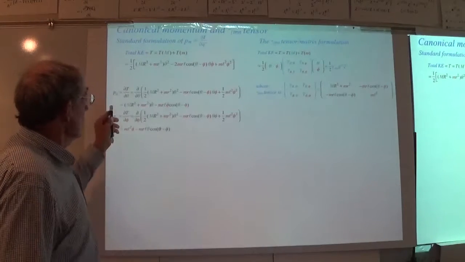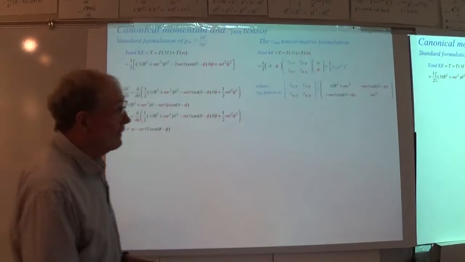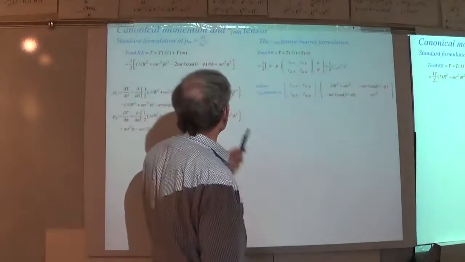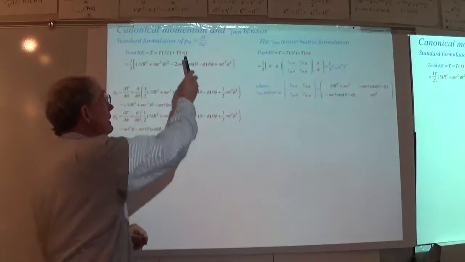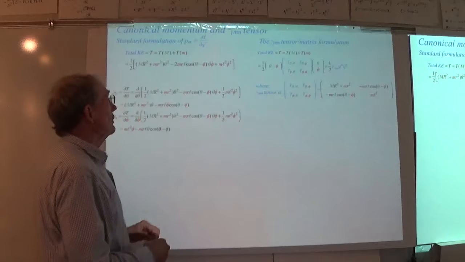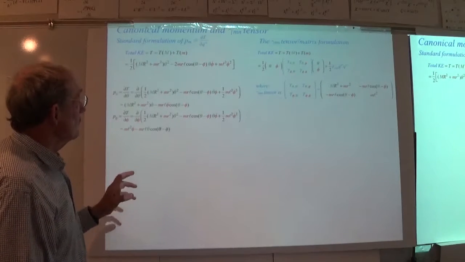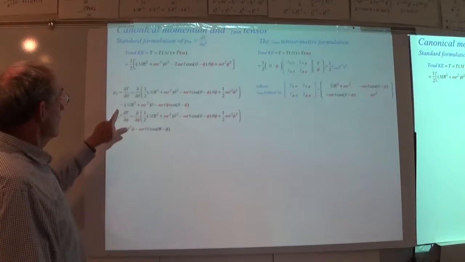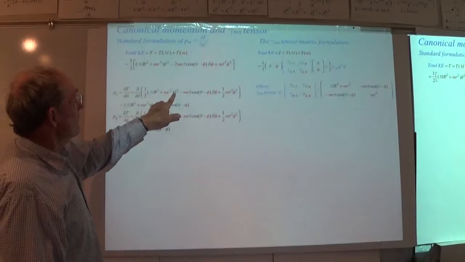And we're going to be interested in applying the Lagrangian equation in the way it comes to us for just defining the momentum. So P, that's going to be our generalized momentum, is the partial derivative of the kinetic energy with respect to Q dot. So I'm going through here and taking partials with respect to theta dot.